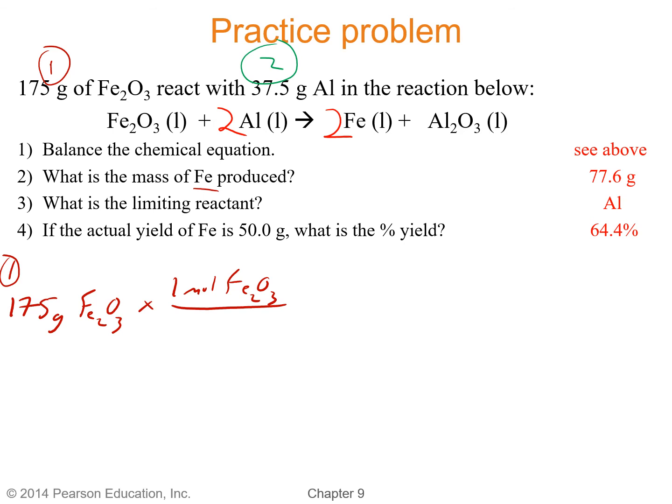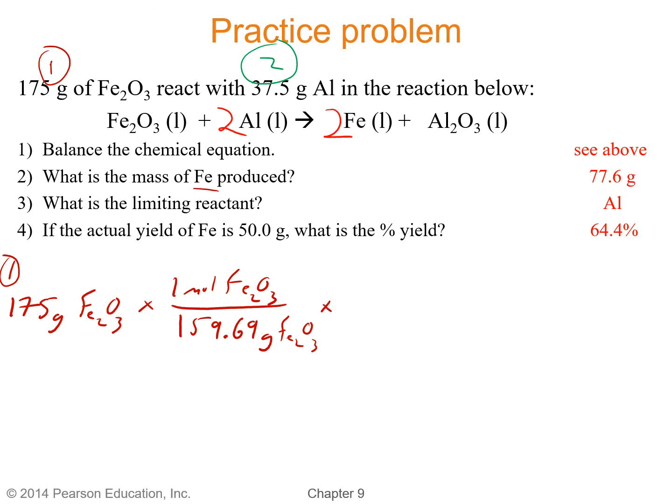So the molar mass of iron 3 oxide is 159.69 grams, which comes from the periodic table. 159.69 grams Fe2O3.